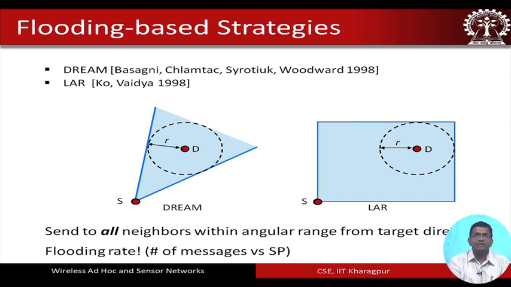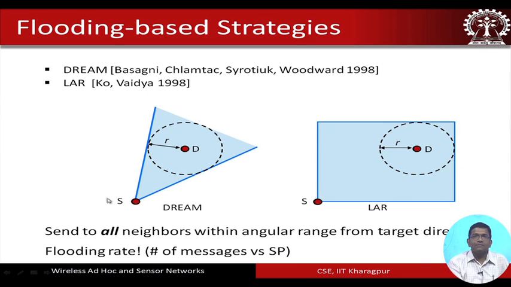Flooding based strategies can also be adopted. In this particular example, DREAM and LAR are two protocols that follow flooding based strategies. Here basically the approach is to send to all neighbors within an angular distance from the target direction.